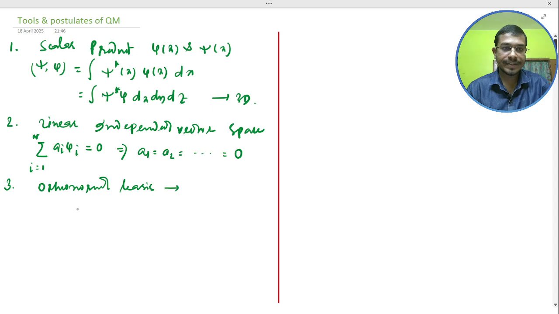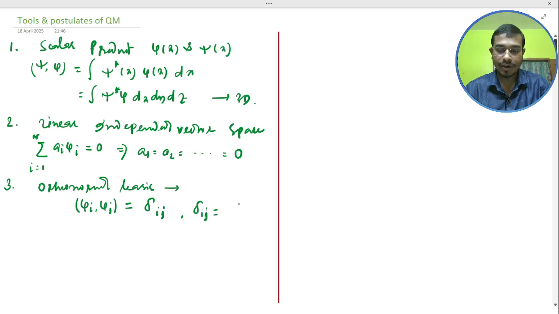For an orthonormal basis, <phi_i|phi_j> is written as delta ij. This is the Kronecker delta used in tensor mathematics, not the Dirac delta function. So delta ij is equal to 0 for i not equal to j, and 1 for i equal to j.